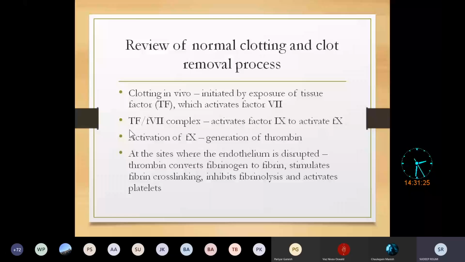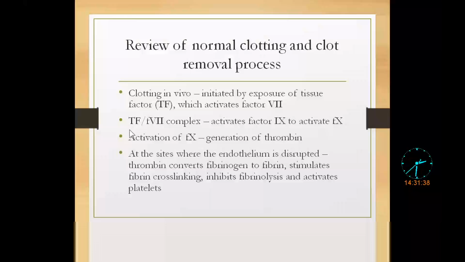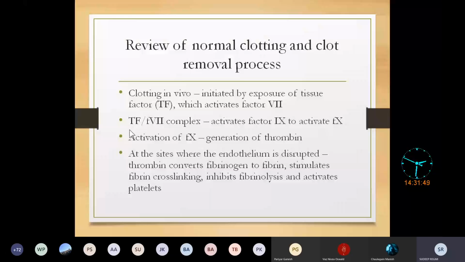But if there is any other normal area where there is formation of the clot where it is not needed, then fibrinolysis will start, and the already formed clot will be dissolved.